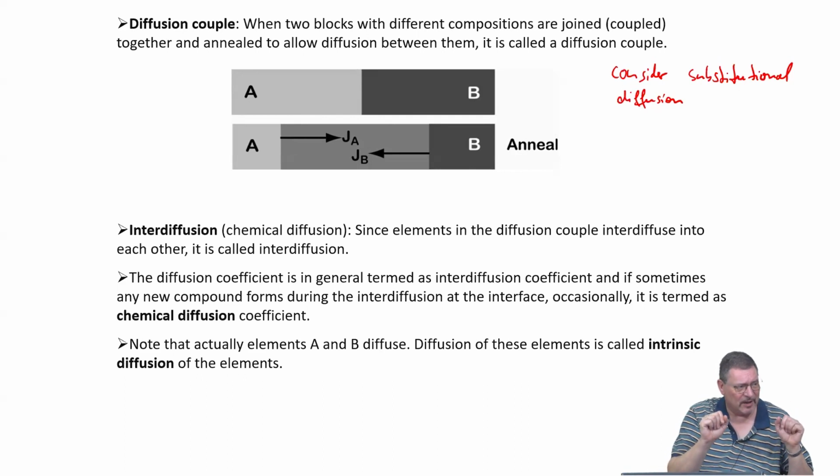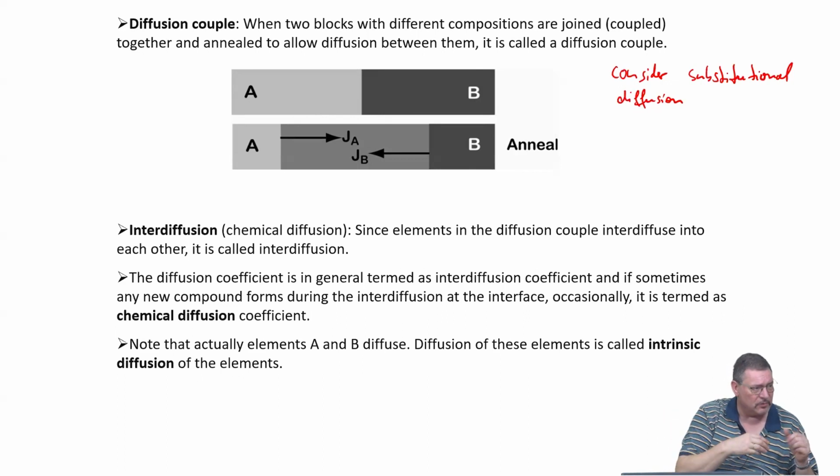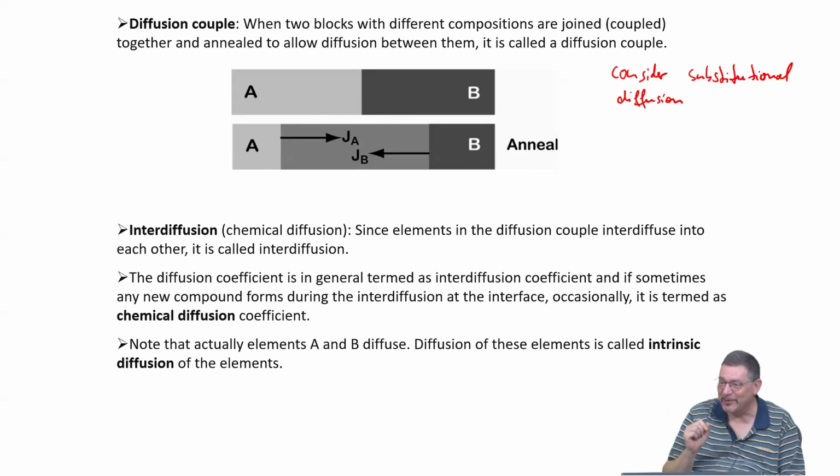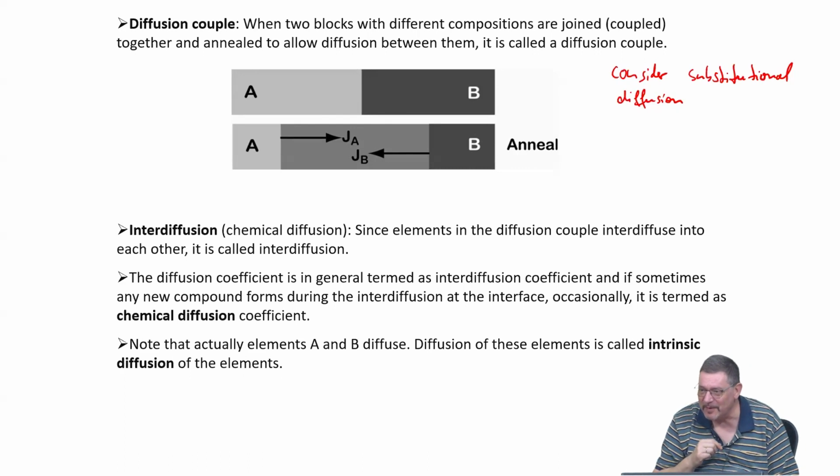I'm happy. So it means you have a net flux of vacancies from one side to the other, right? What does it mean for the microstructure? Void formation, thank you, yes. What's the name of this effect? Kirkendall effect, yes.